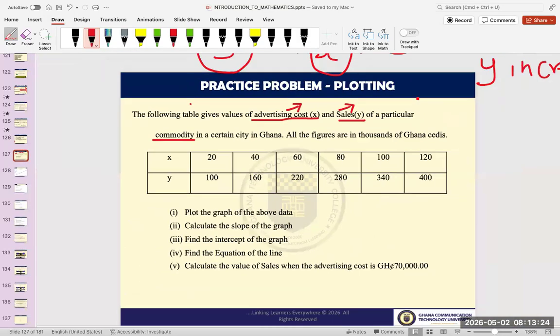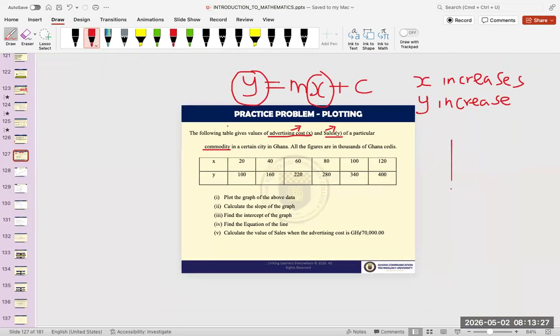And so when we are plotting, it means that if we have our axis like this, and this becomes our y, this becomes our x, we'll have a line like this because as x is increasing like this, y is also going up.